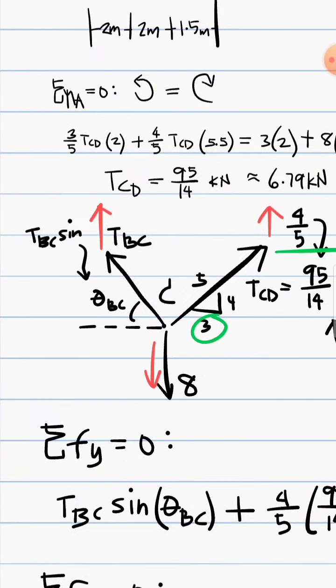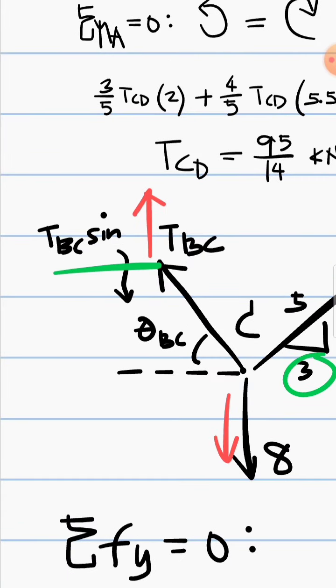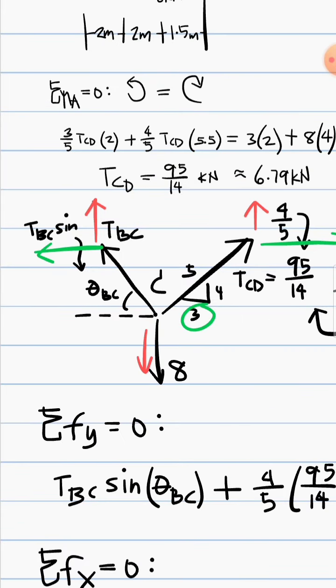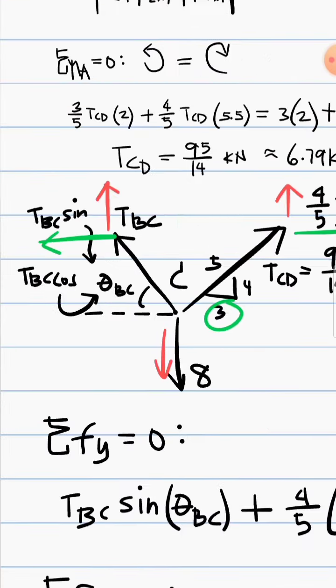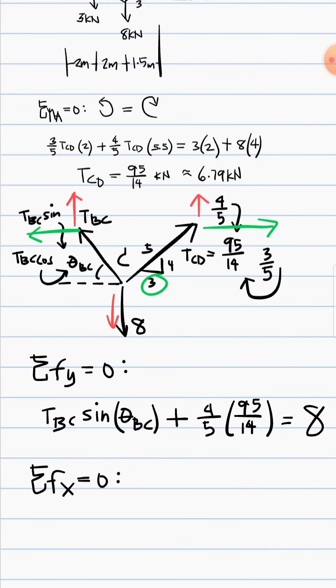And for the other component of TBC, tension BC, that's TBC cosine of this theta BC. So we only have two forces acting on the horizontal, and they are equal to each other.